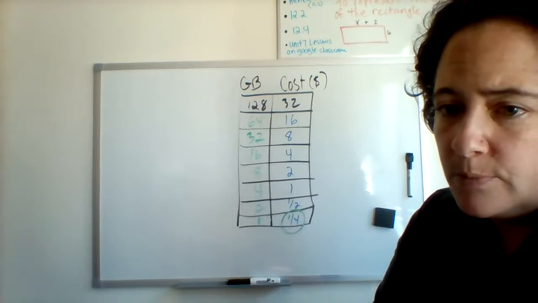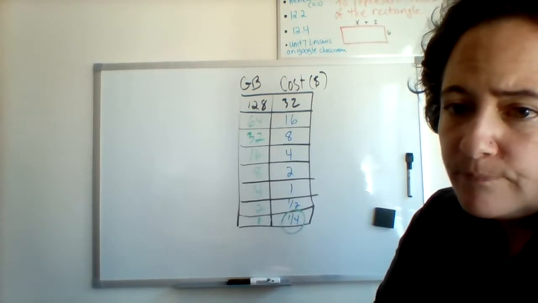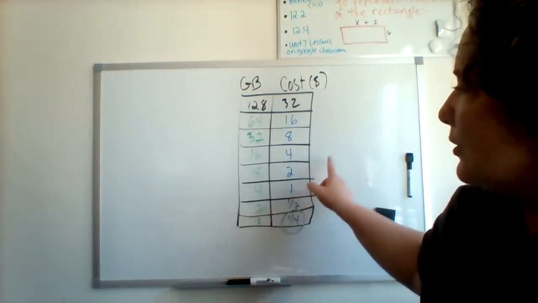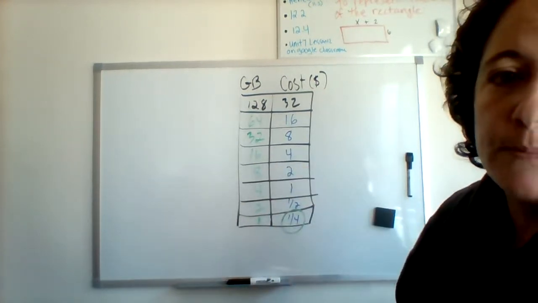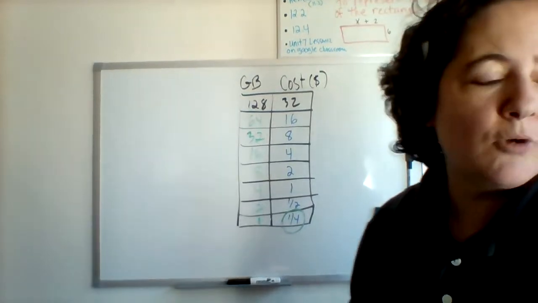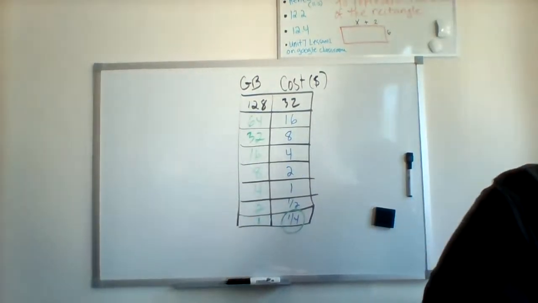Brian, you prefer a table? Okay, cool. Why? I can't see, it's too blurry. The board or the paper? Which one? Let me try closing the blinds. I think there's a glare.